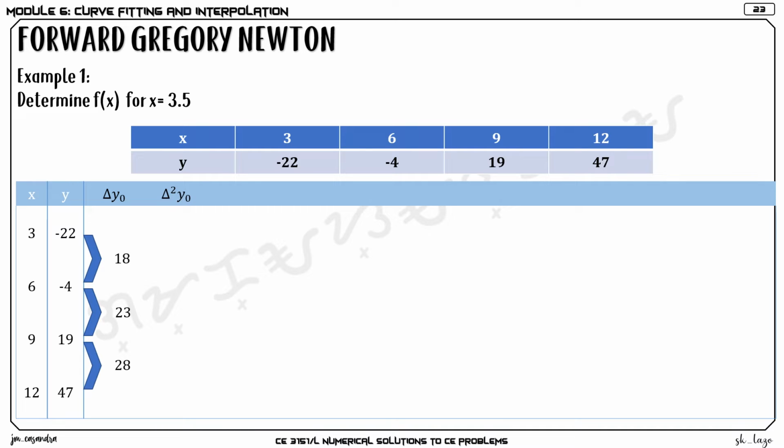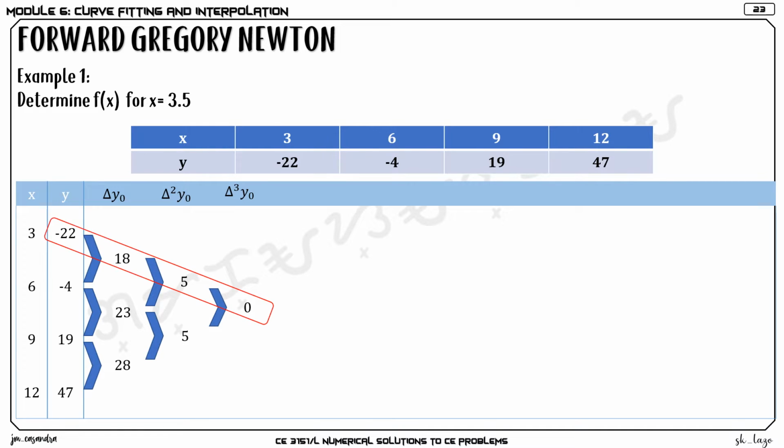And then next, we solve for the delta squared of y sub o, and that is 23 minus 18, and 28 minus 23, which is 5. And we solve for delta cube y sub o, which is equal to 0.